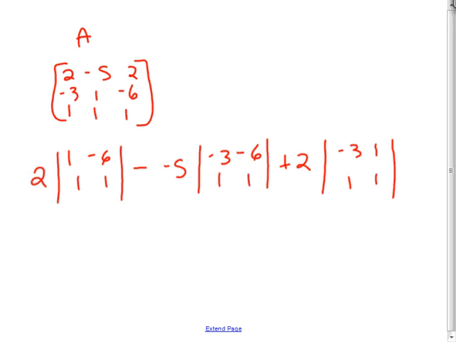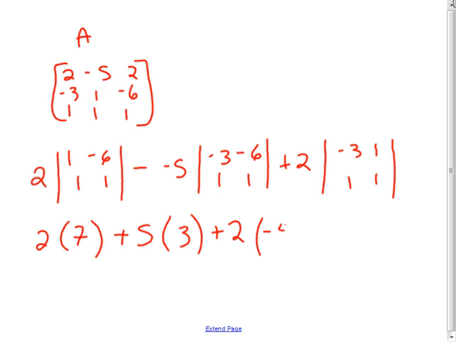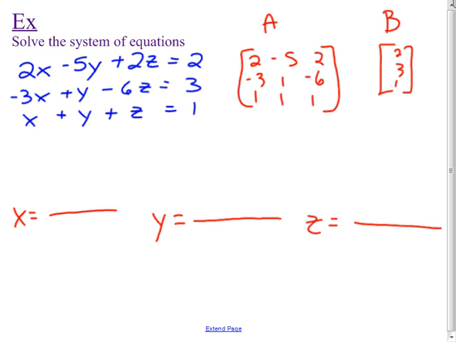And then I calculate each of those along the way. The determinant of 1, negative 6, 1, 1 is 7, plus 5, and then that 2 by 2 determinant is 3, plus 2, and that 2 by 2 determinant is negative 4, and when I do all of that work, I get 21. So now when I go back, for my x, my y, and my z, the bottoms of all of those is 21.